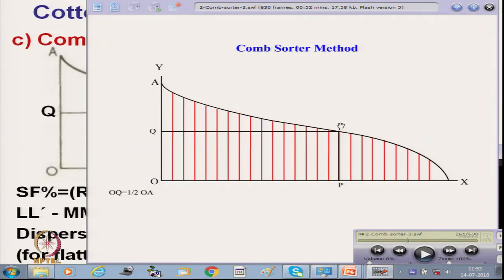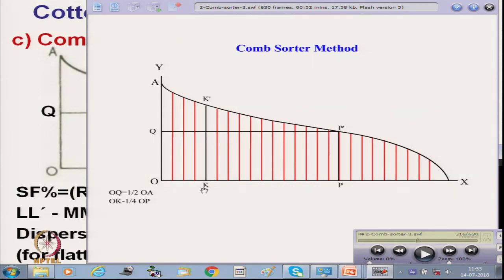From P dash we draw a vertical line, and from there we get a point K. K is the point which is 1/4 of OP.